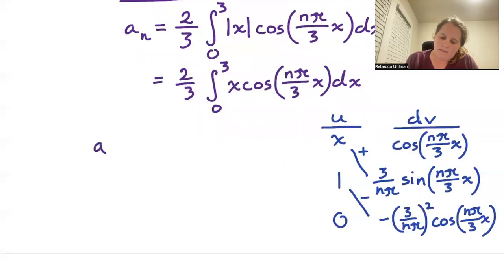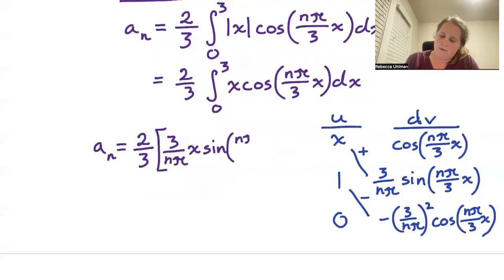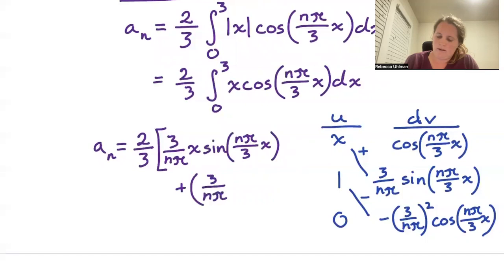So we have our a sub n is equal to 2/3 times, we will have a 3 over n pi times x times sine of n pi over 3 x. And then we are subtracting a negative, so we will add on 3 over n pi, the entire fraction squared, times cosine n pi over 3 x. Again, we are evaluating that at 0 and 3.